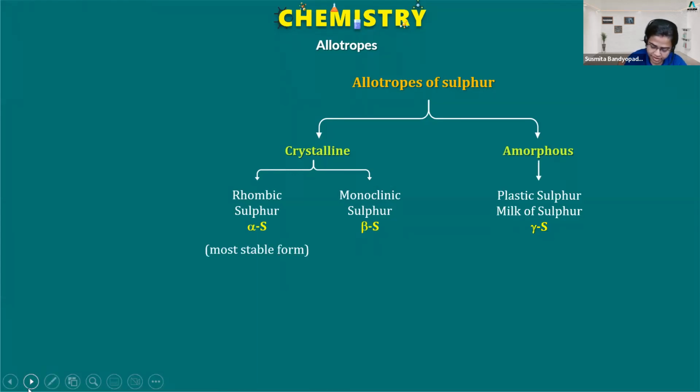Rhombic sulfur is the most stable form, and it's stable below 95.6 degrees centigrade. Below that temperature, it's very stable. Above that, when you heat it, it converts into the monoclinic form.